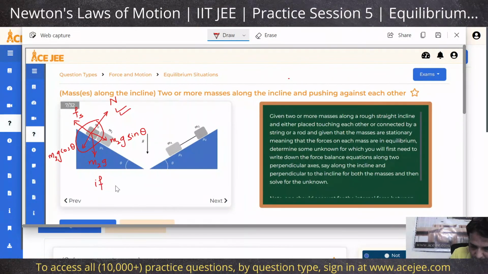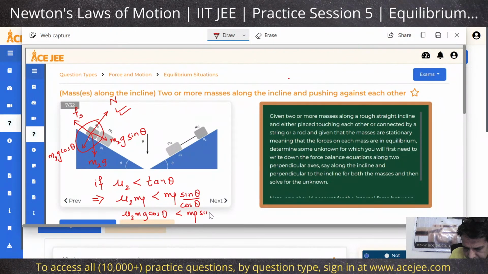Then if mu2 is less than tan theta, which implies that mu2 mg is less than mg sine theta by cosine theta, or we can write this as mu2 mg cos theta is less than mg sine theta, meaning the maximum static frictional force is less than the component of the gravitational force acting along the incline. Okay. So if that is the scenario, what does that imply, Chavi, Ruchika?